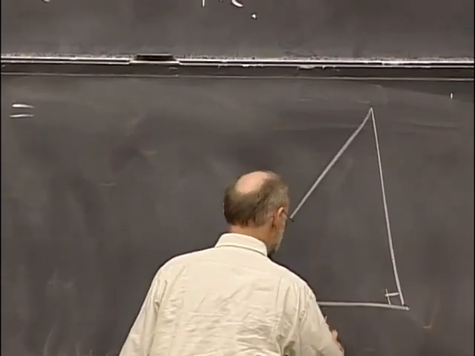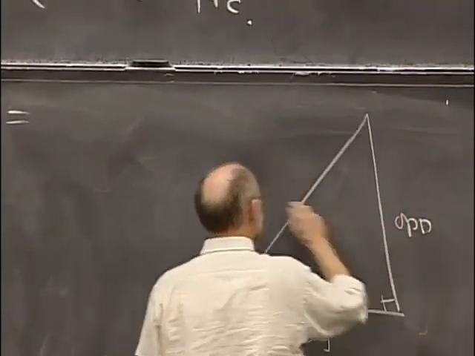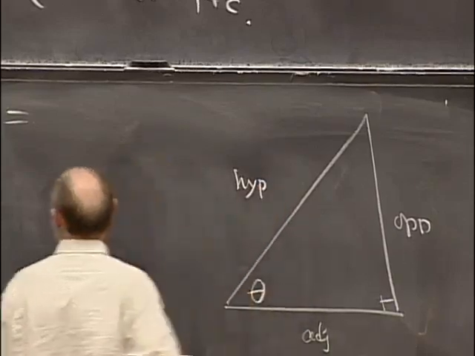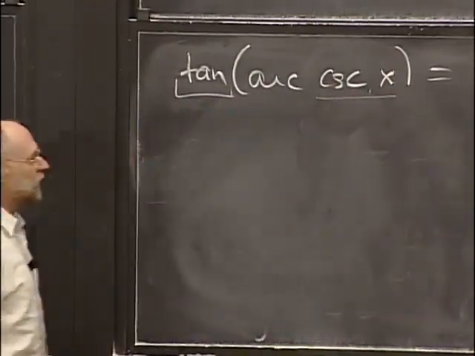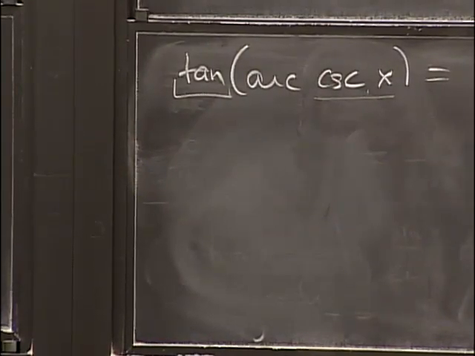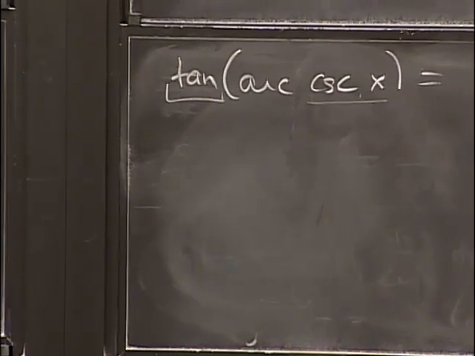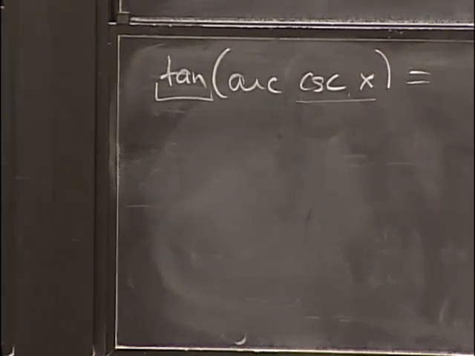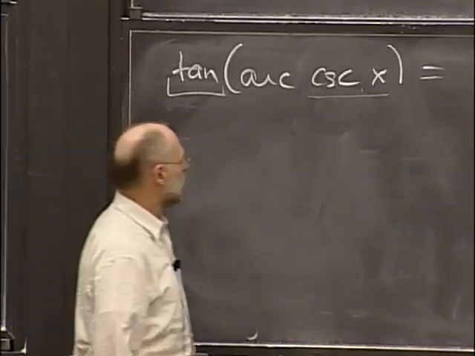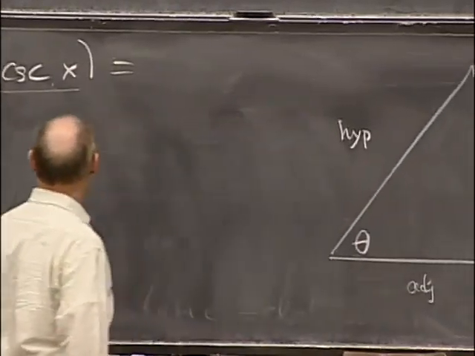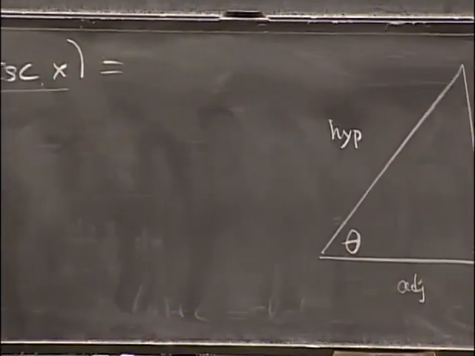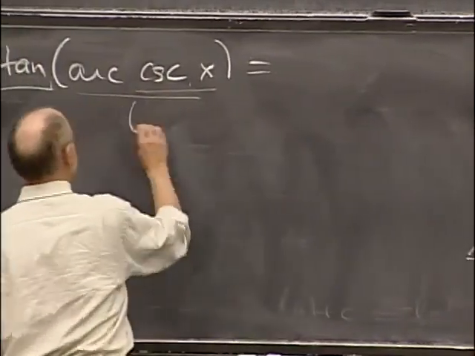This is the adjacent, opposite, hypotenuse. So the first thing is, how can I make the cosecant appear here? What dimensions should I give to the sides in order for theta to be the arc cosecant of x?